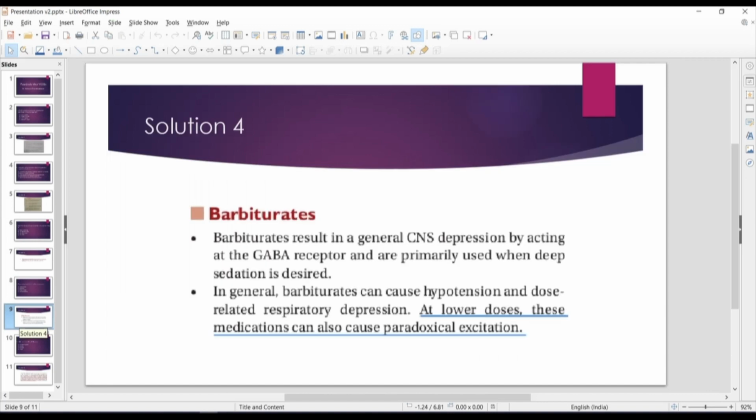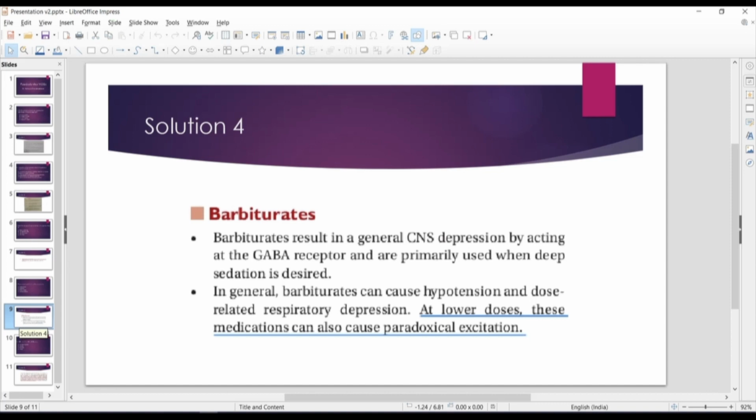Barbiturates result in general CNS depression. They act on the GABA receptors and are primarily used when deep sedation is desired. Barbiturates generally cause hypotension and respiratory depression, but at lower doses these medications can also cause paradoxical excitation.